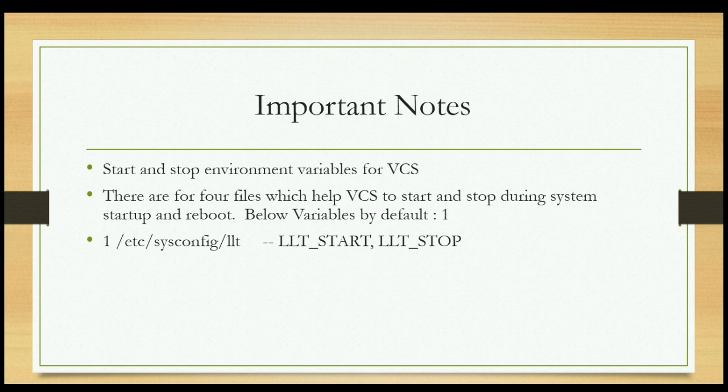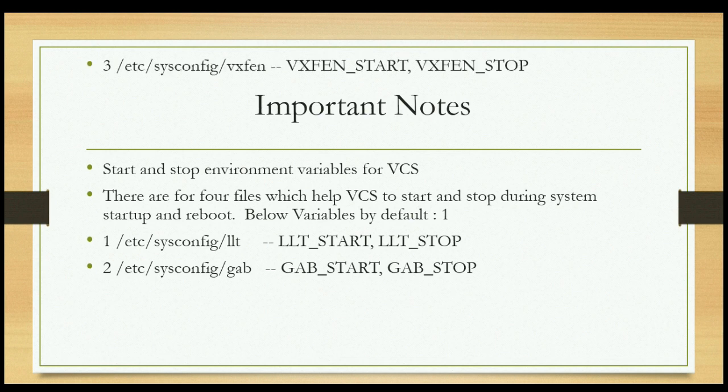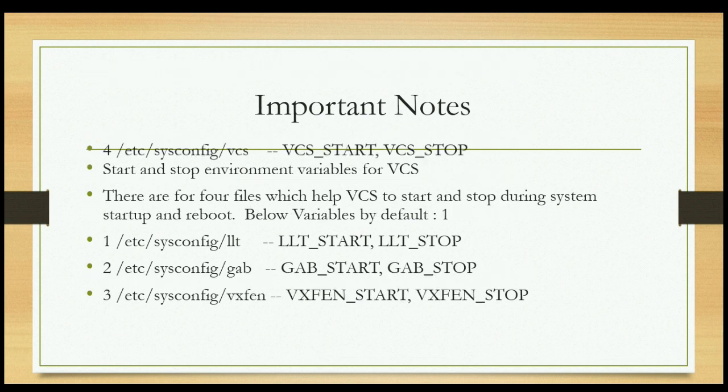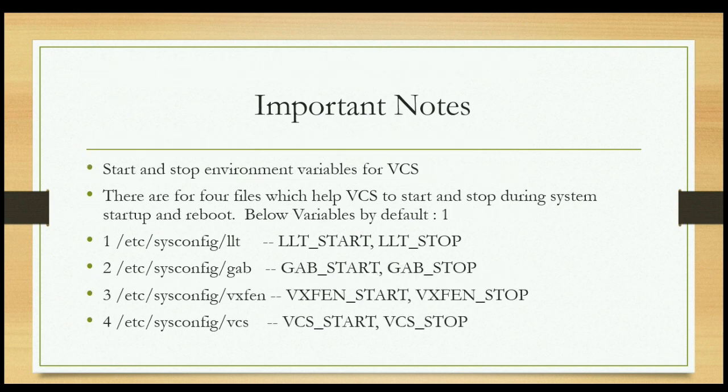etc sysconfig LLT. You can see at the end of the file, 1. If you don't want to start VCS after reboot, you can put 0 here. You can see a little bit up, 1 means start and stop the LLT, 0 means do not start and stop LLT, right?